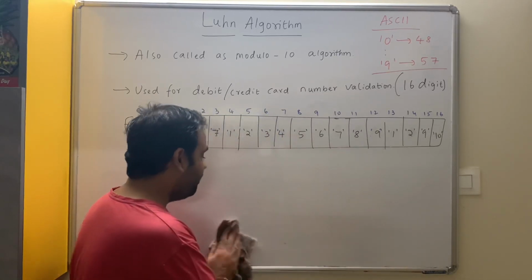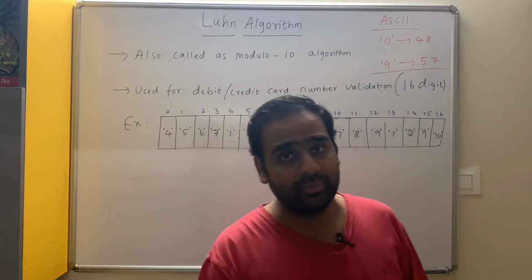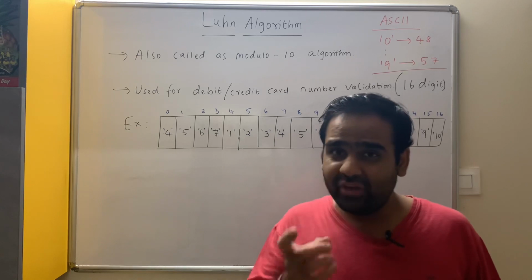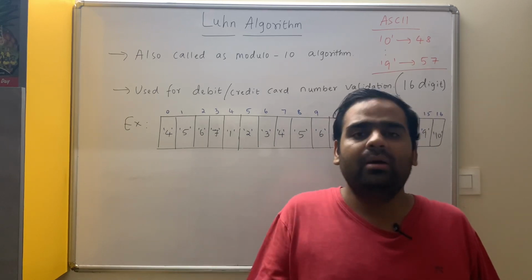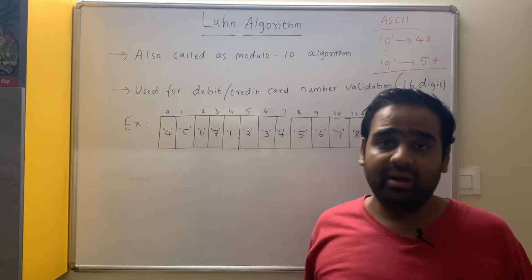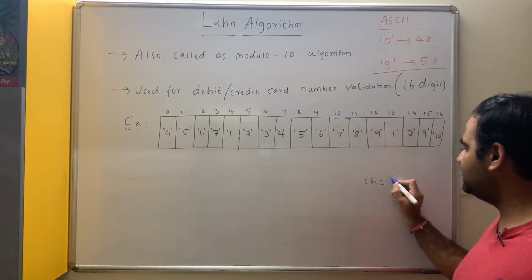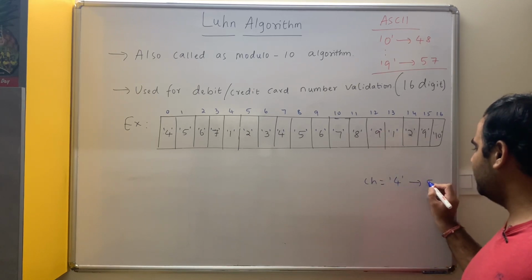Now we will do some operations on each of these individual digits. That operation has to be done on the number, therefore we need to convert a character digit to a number. Now how do I convert? Say for example CH is character 4, it is nothing but 52.